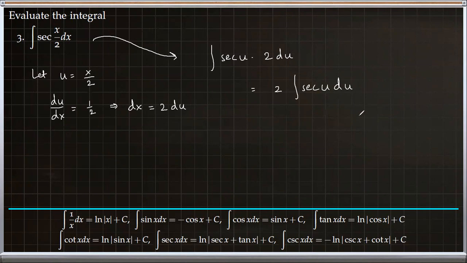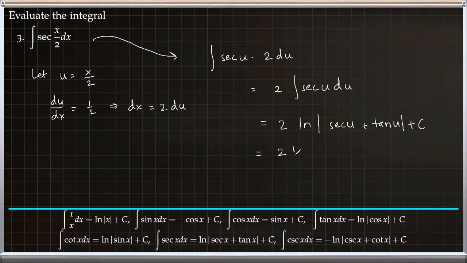Now looking at the formulas, the integral of secant of x is the natural log of the absolute value of secant of x plus tangent of x. We have u instead of x, so we get secant of u plus tangent of u plus a constant.